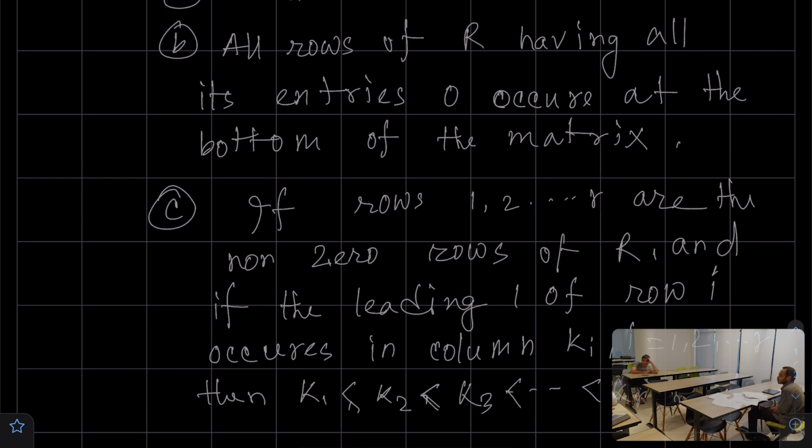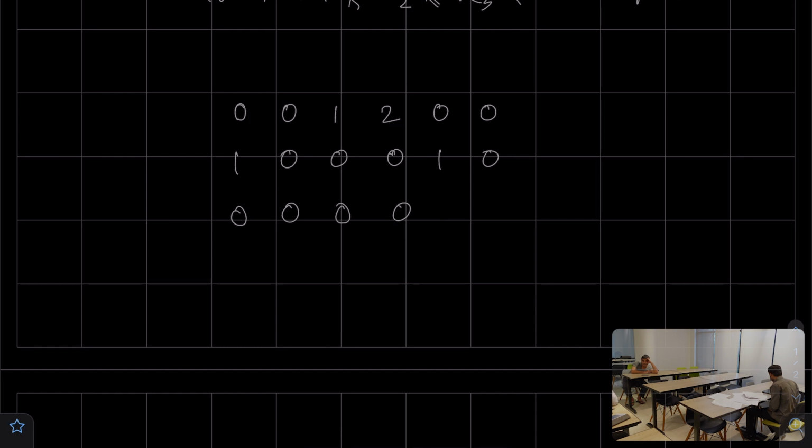So previously we also learned what a row reduced matrix is. This is an example of a row reduced matrix. You can show that: 0, 0, 1, 2, 0, 0, then 1, 0, 0, 0, 1, 0, 0, 0, 0, 0, 0, 2.